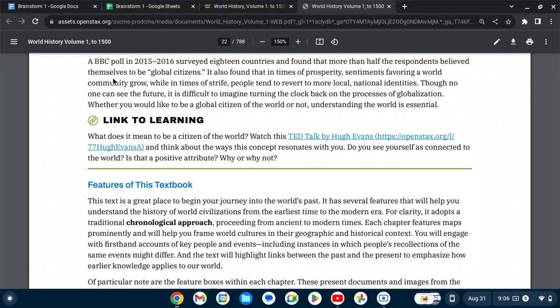It also found that in times of prosperity, sentiments favoring a world community grow, while in times of strife, people tend to revert to more local, national identities. Though no one can see the future, it is difficult to imagine turning the clock back on the processes of globalization. Whether you would like to be a global citizen of the world or not, understanding the world is essential.